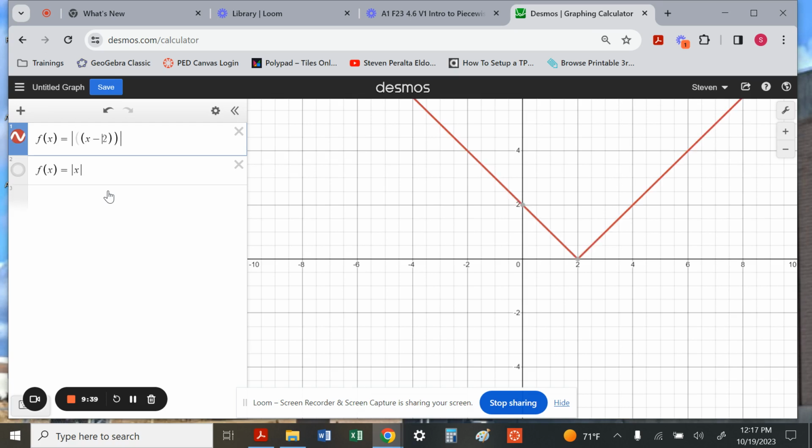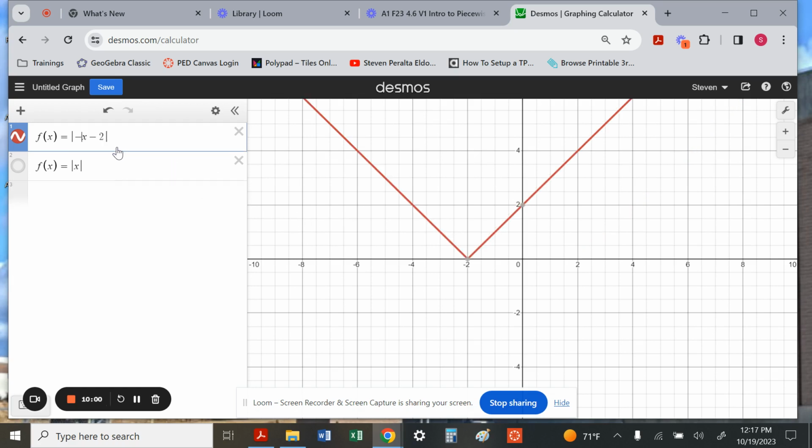It's the same thing. Nothing has changed. Okay, there we go. I just put parentheses because I want to show you how the change actually works. So I did x minus 2, and I'm going to put a minus in front of that. Did that switch around? No, but it should have.